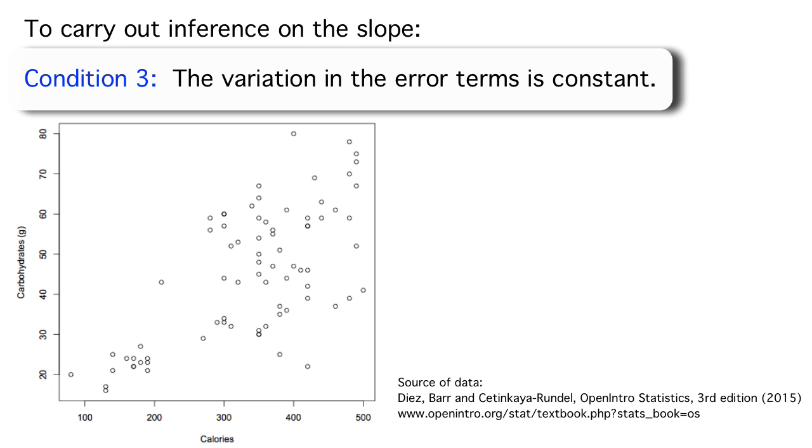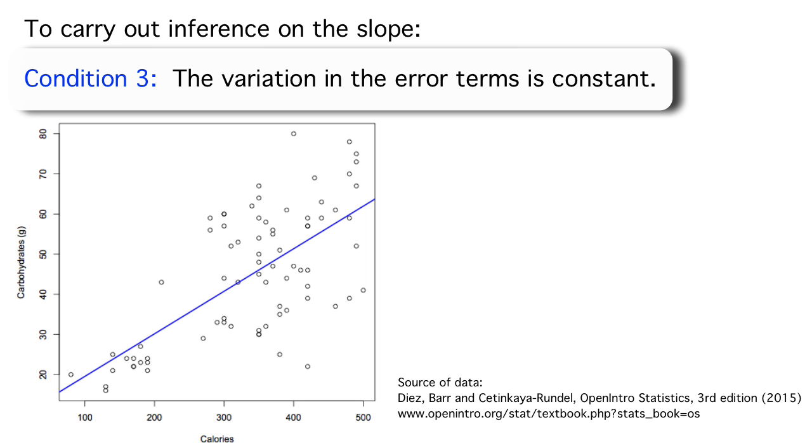The scatter plot shows the amount of carbohydrates in grams on the vertical axis, and on the horizontal axis, it shows the number of calories. From the scatter plot, there appears to be a positive relationship. That is, higher calorie counts are associated with foods that have more carbohydrates.